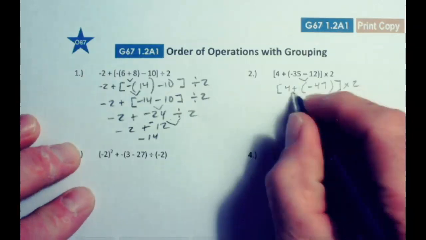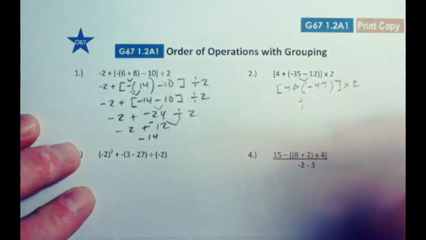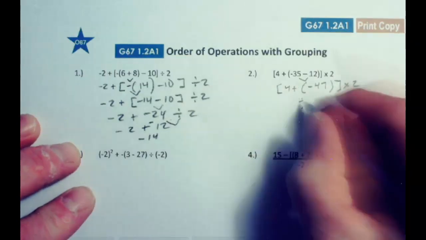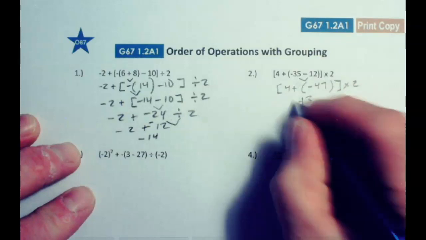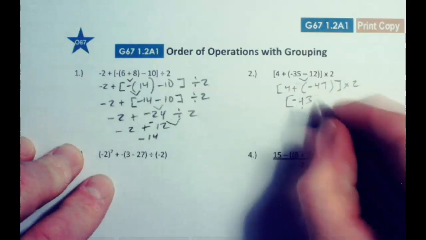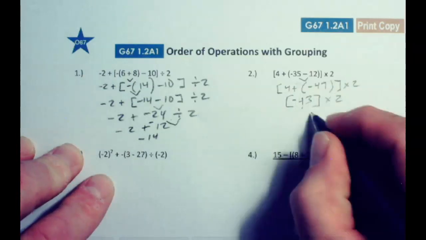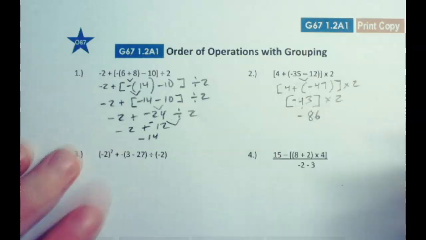It's 2 different signs, so the difference between those is going to be 43, and that's going to be negative. And that is going to be the whole thing, times 2. So 43 times 2 is 86, and that's going to be a negative 86.